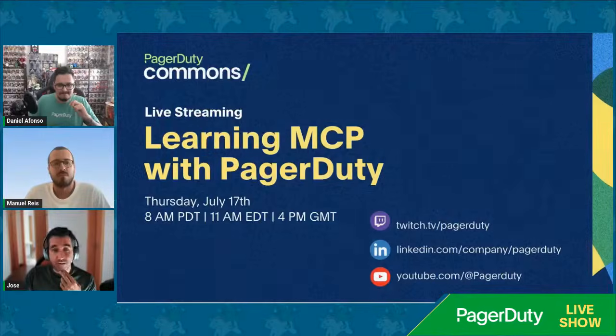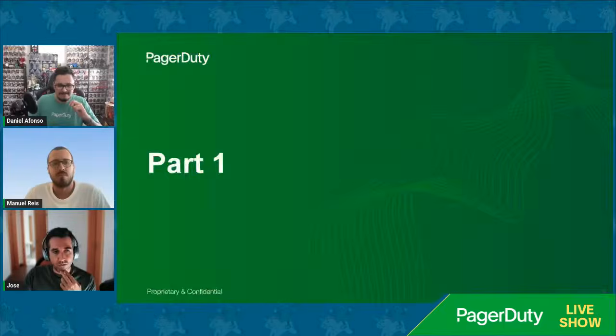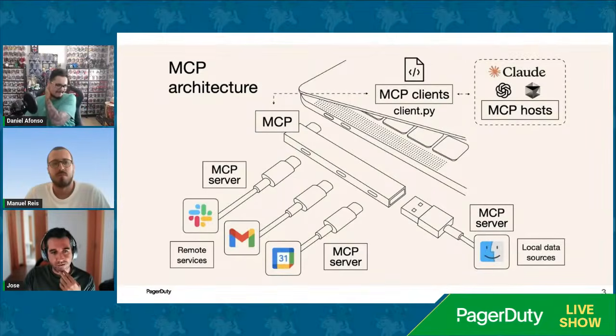Okay, so everyone, we're here today to talk about MCP, Model Context Protocol. So would you like to tell me what exactly is MCP? Well, I can start, Manuel. Interrupt me when you want. So MCP is a standard for creating tools for AI agents.